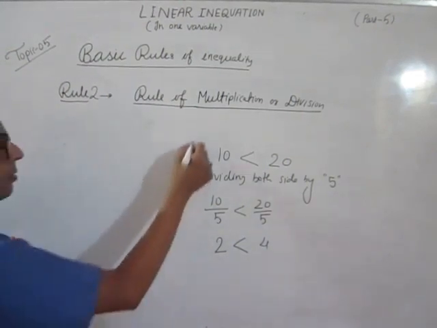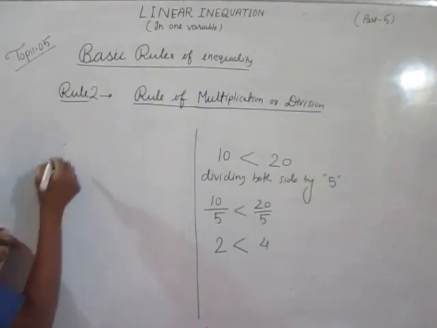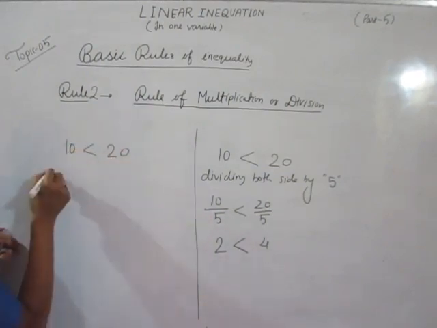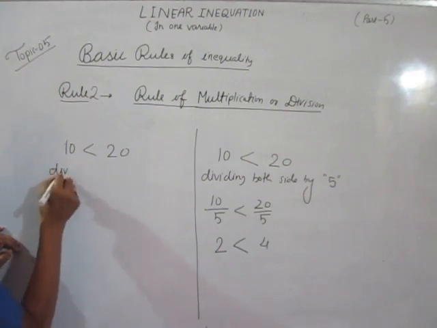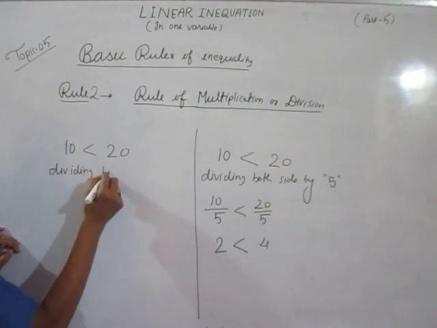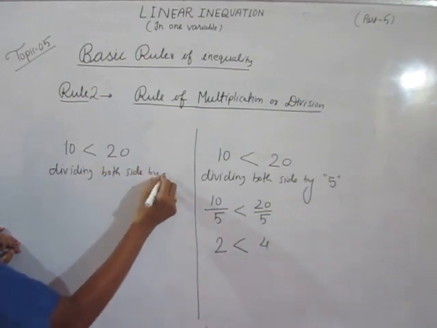Now let's see what happens when both sides are divided by a negative number. 10 is less than 20. Now dividing both sides by minus 5.